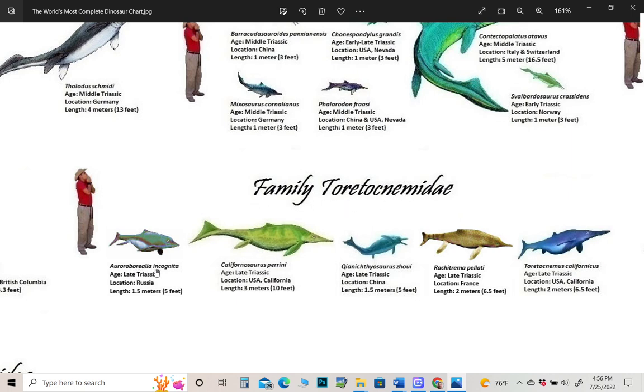Toretocnemids, Aurora borealis. I think this was discovered either this year or last year. This one is relatively recent, though.